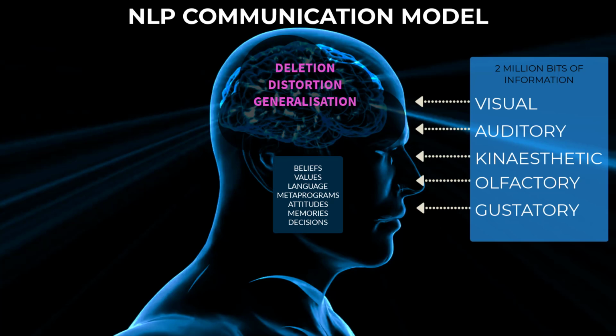An example of a metaprogram is our direction filter. People can be either motivated towards something they want or away from something they don't want. These two ends of the spectrum are known as the carrot or the stick, or push and pull. For example, someone who is motivated by achieving their goals and targets has a towards approach, whereas another person might be highly motivated to avoid failure and be considered away from motivated.